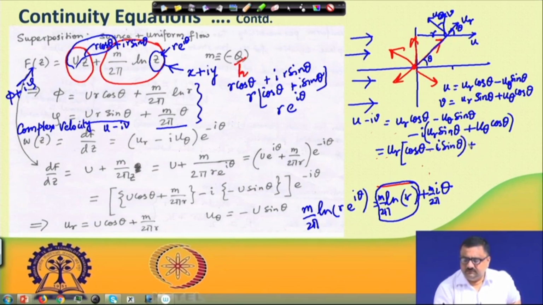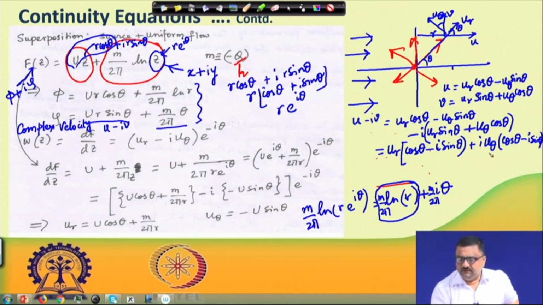When we took the u theta terms together, it would be I u theta into cos theta minus I sin theta.